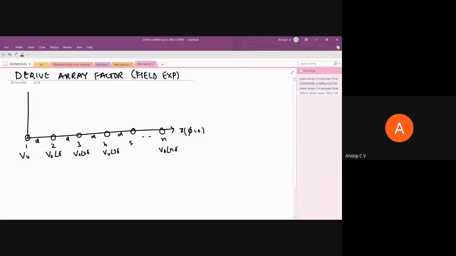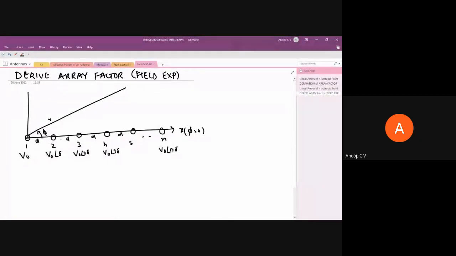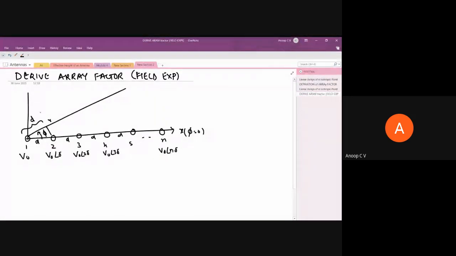So if you consider the field in the direction phi at a distance r, the adjacent sources will have a path difference given by d cos phi. We already know that, we don't have to do it again.